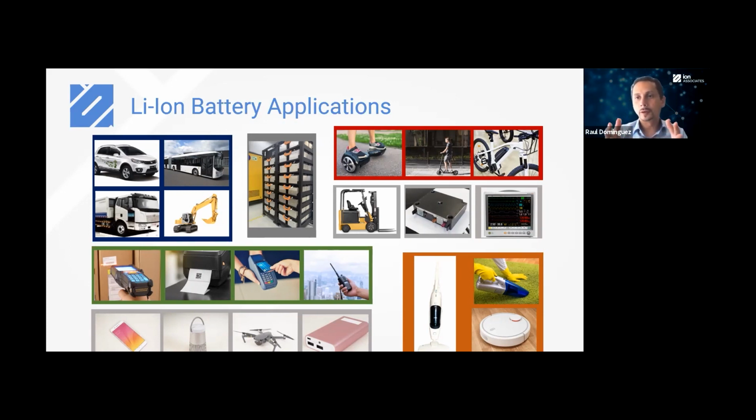So that's where lithium ion is entering, because this withstands good cycles and good capacity. For the applications, we can see lots of them: mobility, e-bikes, scooters. We see vehicles that are hybrid or electrical vehicles now, the mass transportation buses, heavy machinery, handhelds, drones, power banks, white goods. So everything is moving to this battery application.